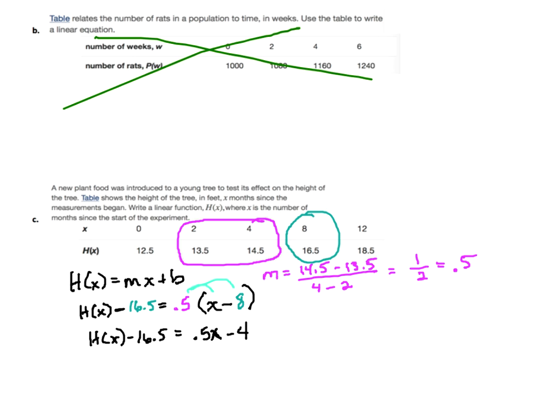Add 16.5 to both sides. And I get h of x is equal to 0.5x plus 12.5. There's your equation.